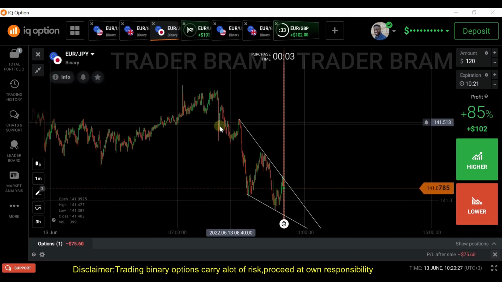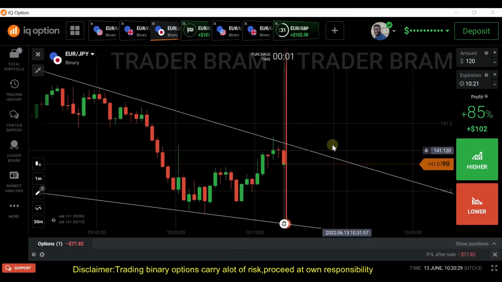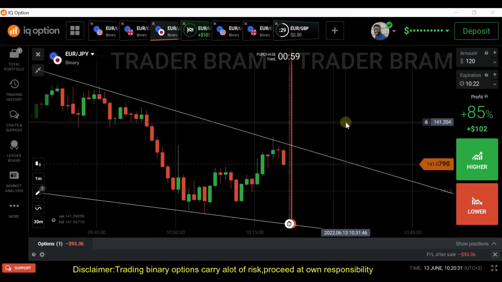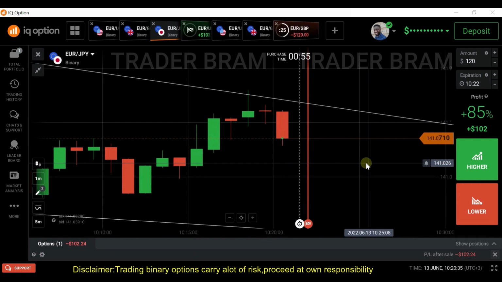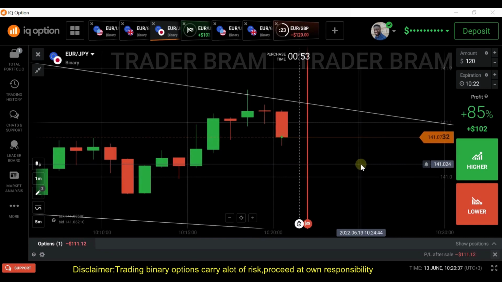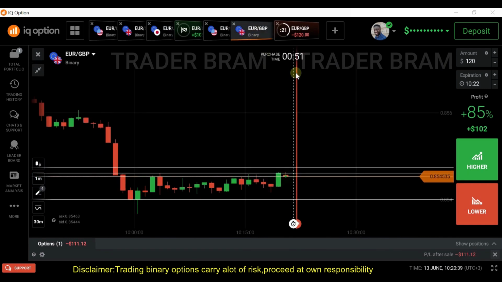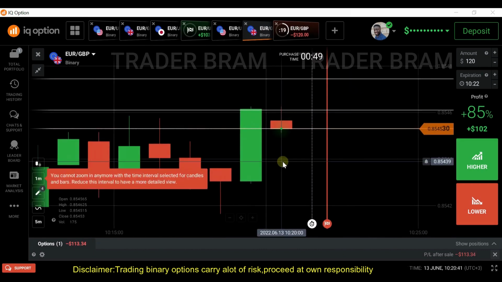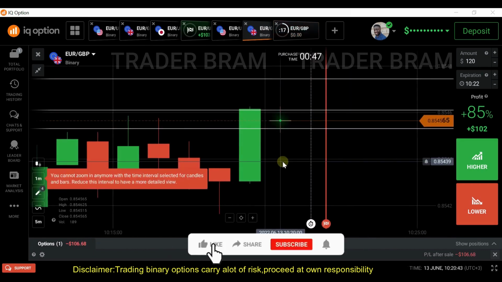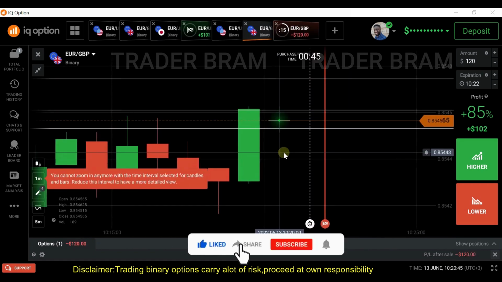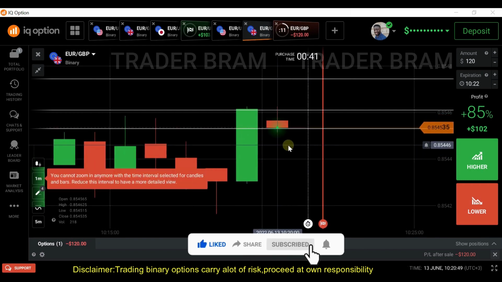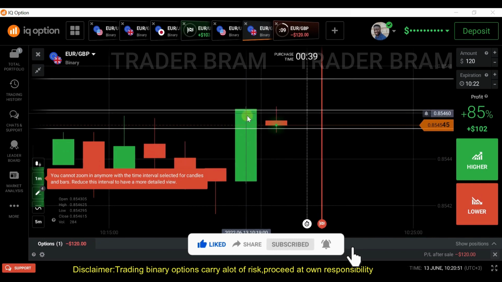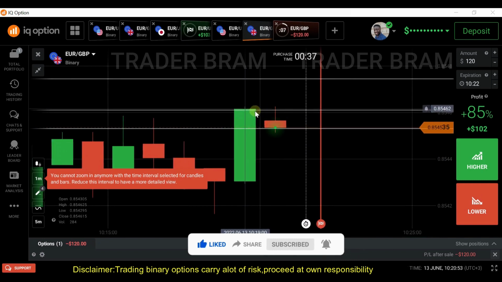So we are in a downtrend. We got rejection from our trend line. That's why you can see strong sellers movement. After this strong bullish breakout, I expected the market to break this level.